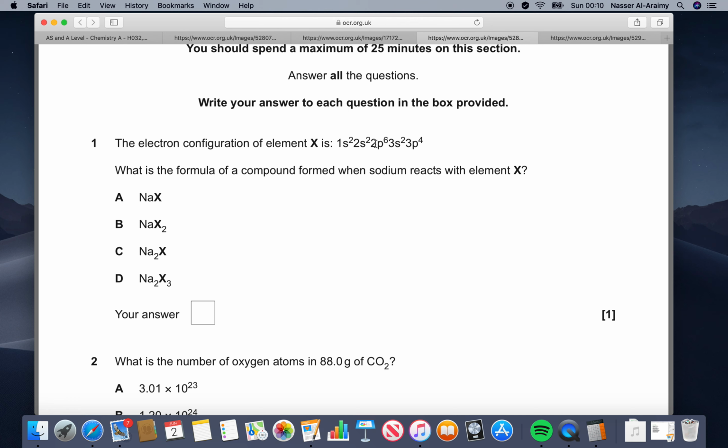That gives you what? 4, 10, 12. 12 plus 4 is 16. Okay, so what has 16? Oxygen. Oxygen has a mass of 16, so it can't be oxygen.